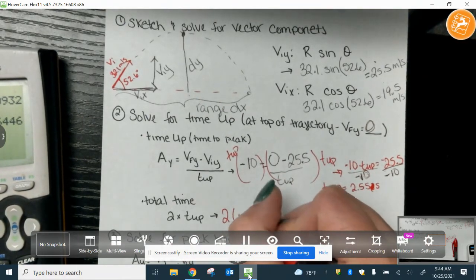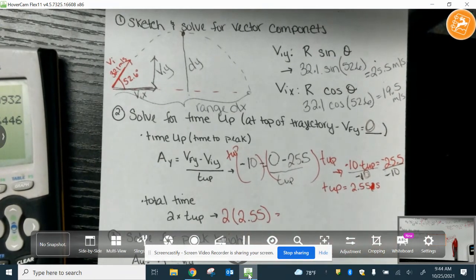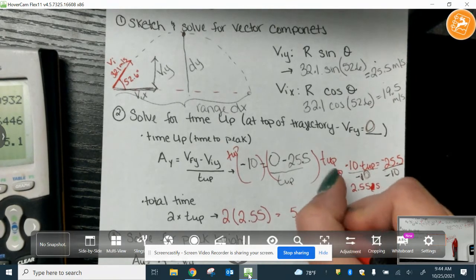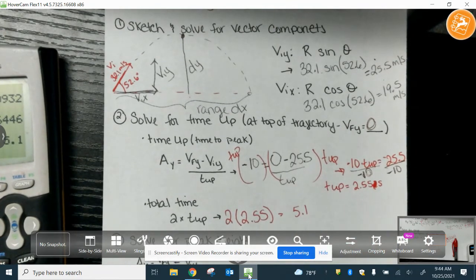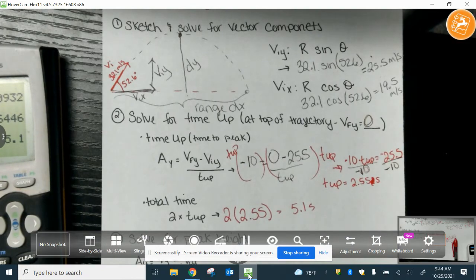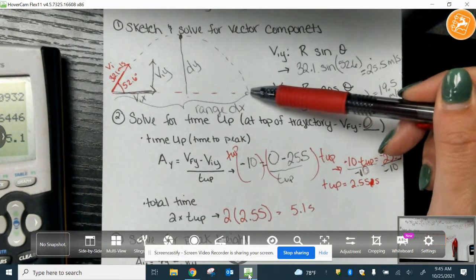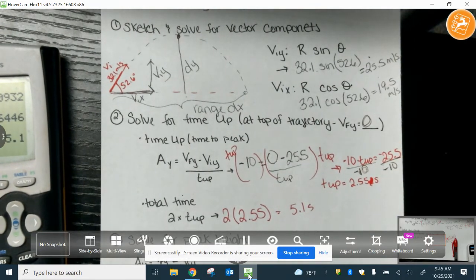So 2 times 2.55 is going to be 5.1 seconds. That means it traveled as far as it could in 5.1 seconds before it hit the ground.